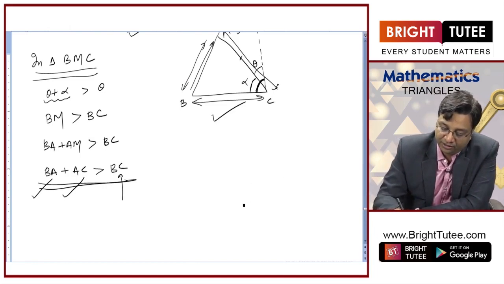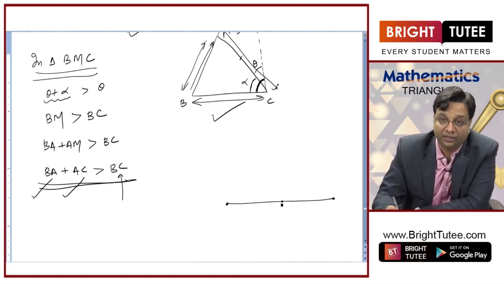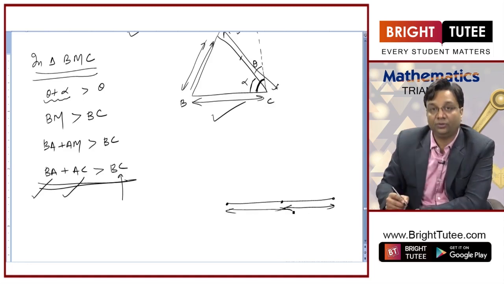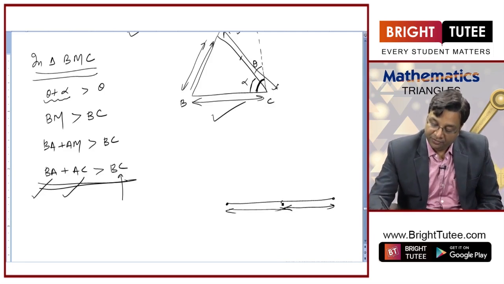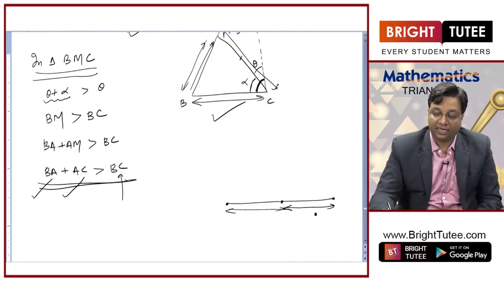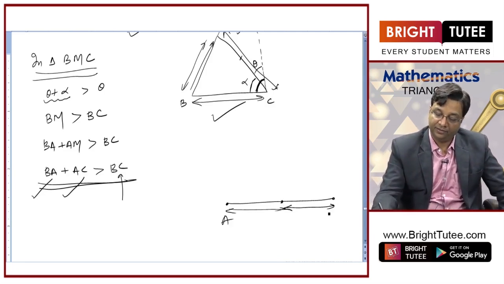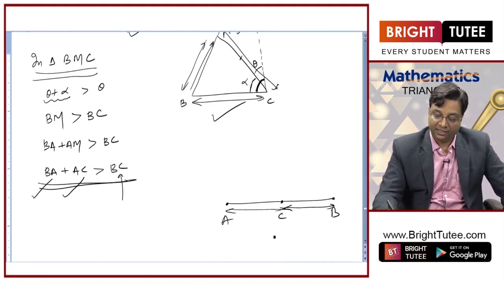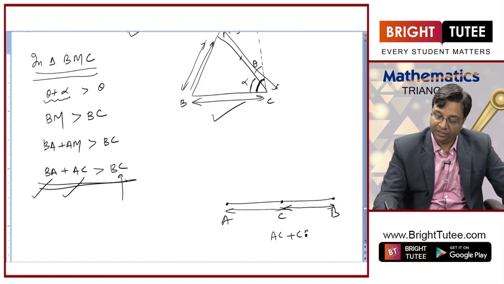And through your common sense, you can see that, let us say this is a line segment and this is another point. If this point C is on the line AB, then AC plus CB will be equal to AB, right?